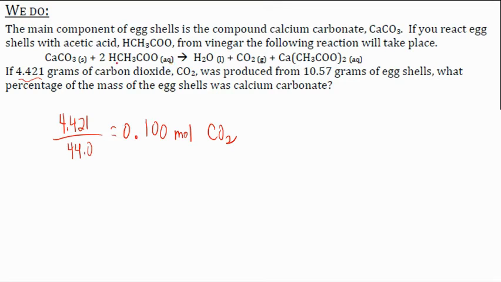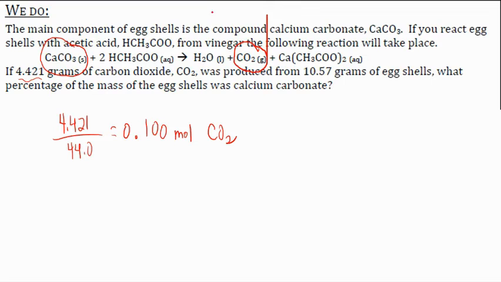Now we could spend time writing out a BCA table, but I notice that I have one of these, and for every one of those, I have one of these. So to get this, I would have had to have how many moles of this? The same, because they're in a 1-to-1 ratio.